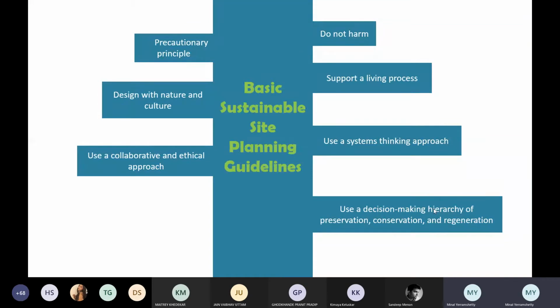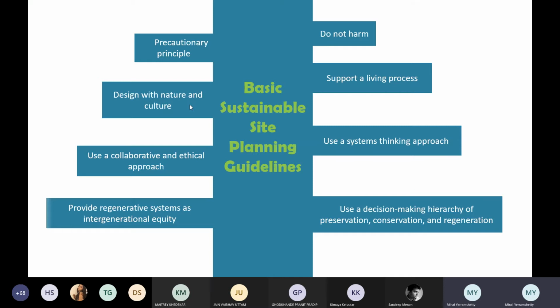And finally, you provide a regenerative system, which is the same as do not harm. So the moment you say do not harm, obviously that means you provide things that will not harm the site, right?